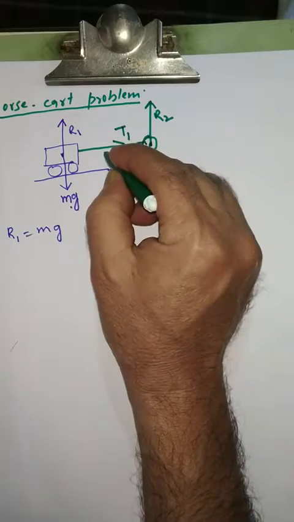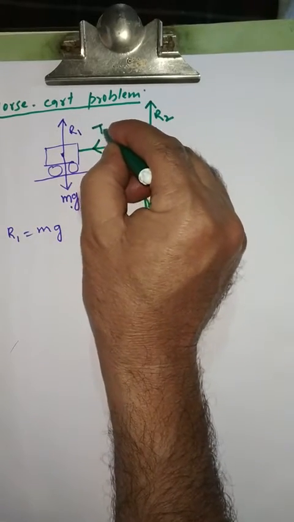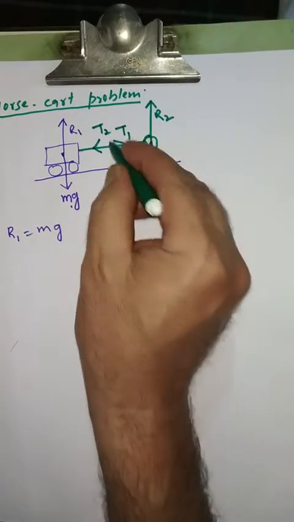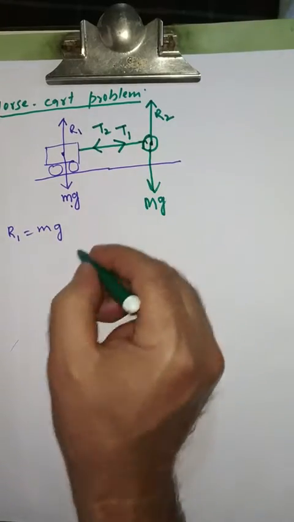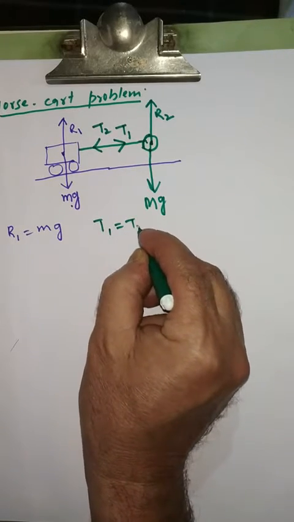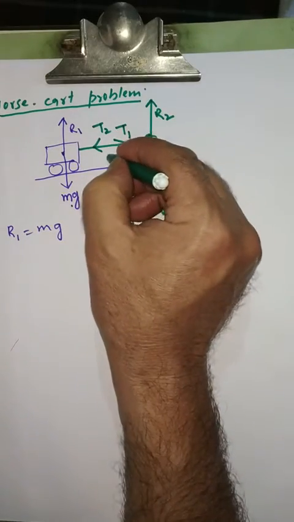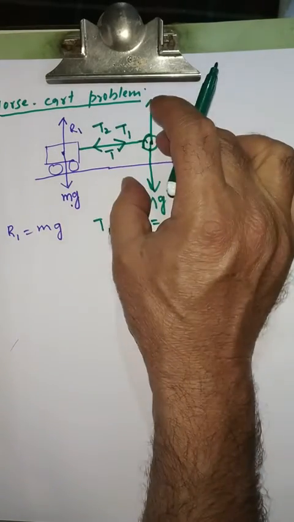In turn, the cart will pull the horse back as per Newton's third law. Since T1 and T2 are equal and opposite, T1 will be equal to T2. Let us say that is equal to tension T. Okay, so there will be a tension T in this rein.